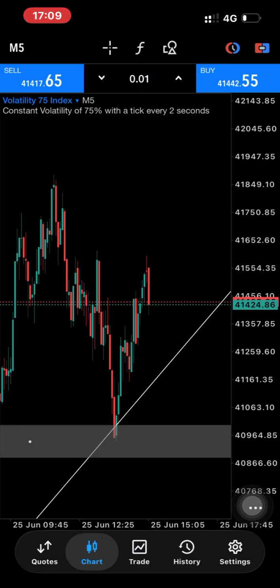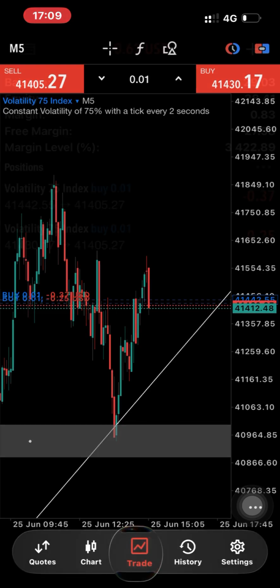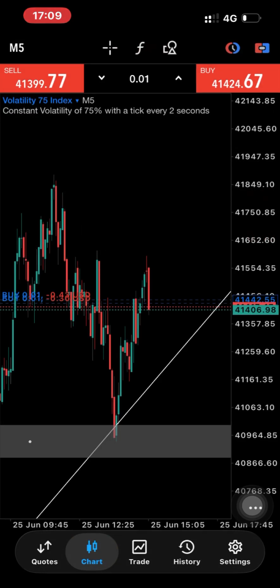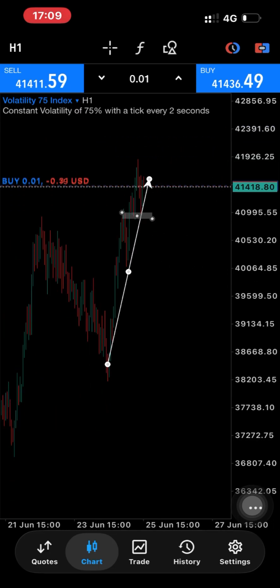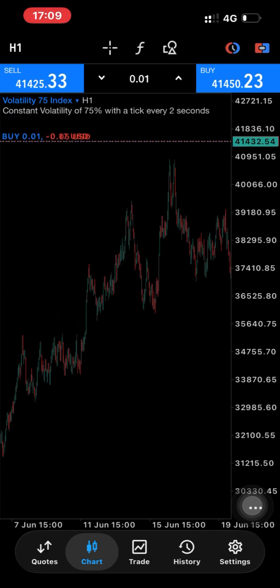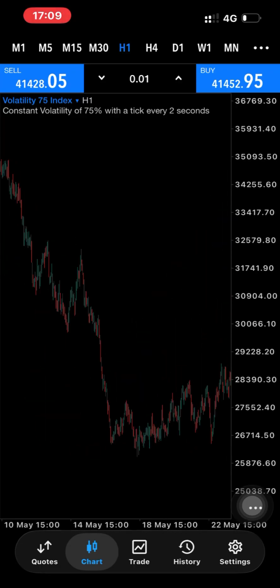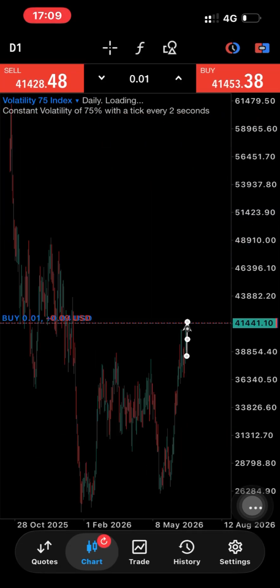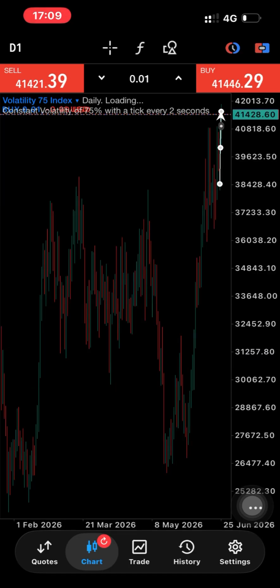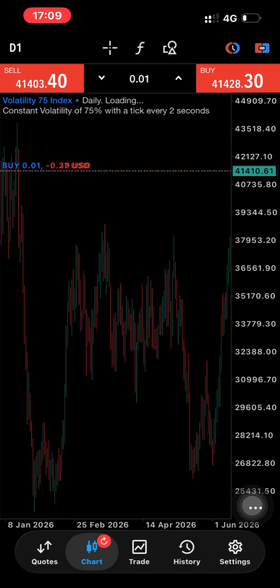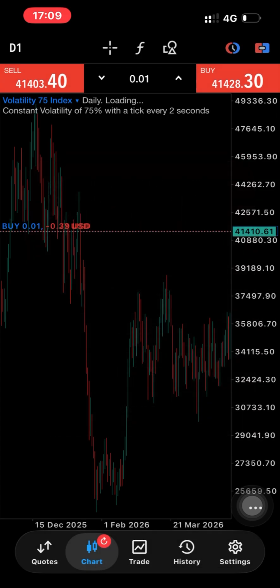So I'm just going to add 1 position here, and let's add multiple positions to just see, because I'm pretty sure that this is going to push way too high. On the daily time frame, the market still needs to push to a certain resistance level just at the top there. So let me just draw that.